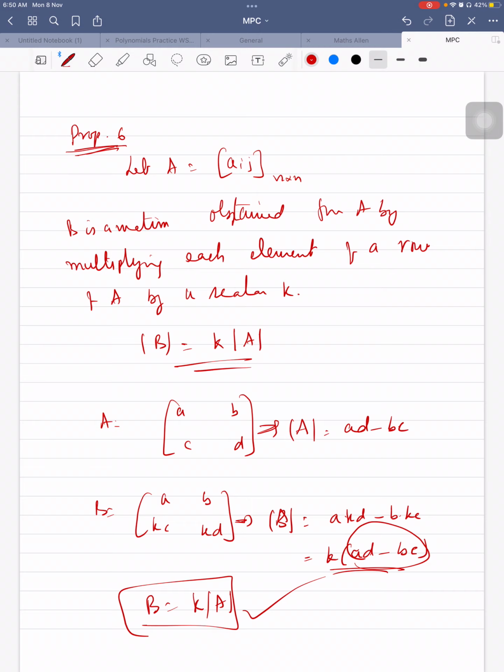Next property is property 7. Now in this property, suppose a matrix like A1 plus K1, B1 plus K2, C1 plus K3, A2, B2, C2, A3, B3, C3.